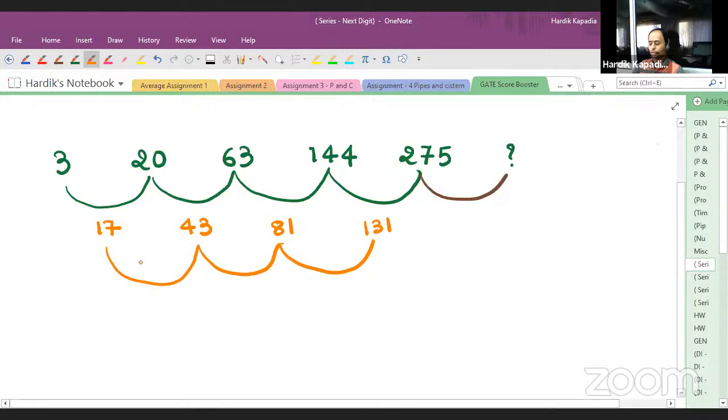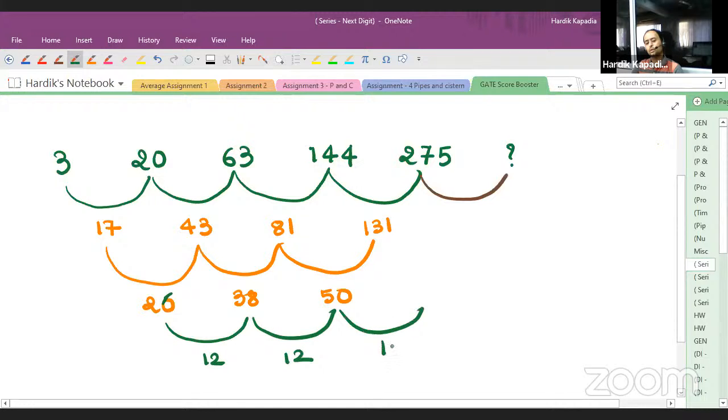So 17, 43 is 20. 43, 81 is 38. And 8, 13, 50. So now we are getting something like it's 12.